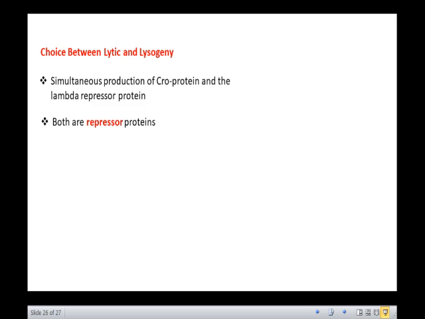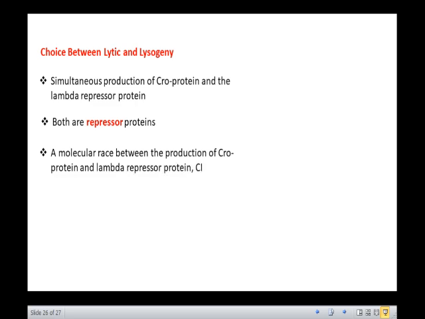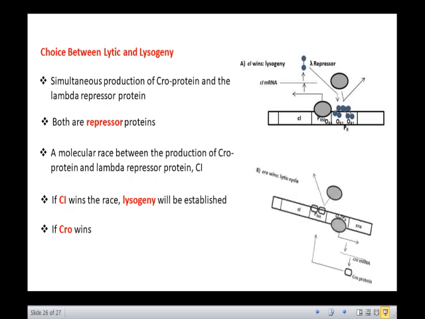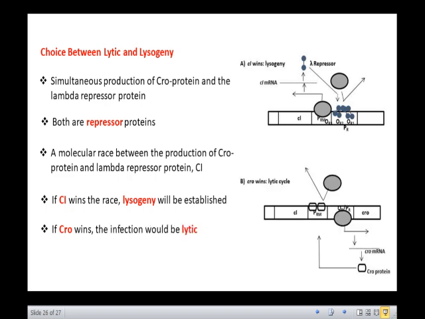Since both proteins can block the transcription of each other, there seems to be a molecular race between the production of CRO protein and lambda repressor protein C1. If C1 wins the molecular race, lysogeny will be established, and if CRO wins, the infection would be lytic.